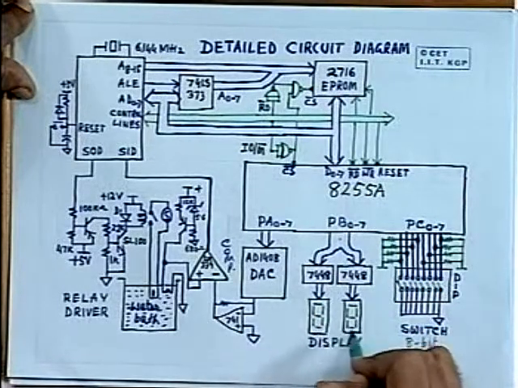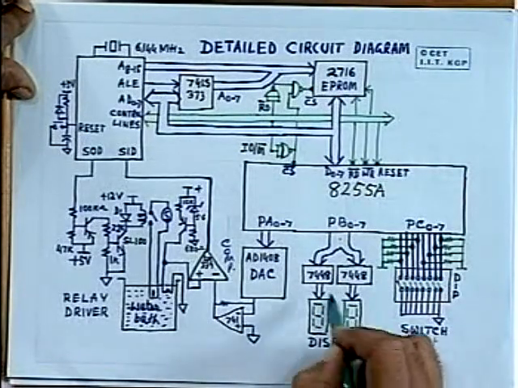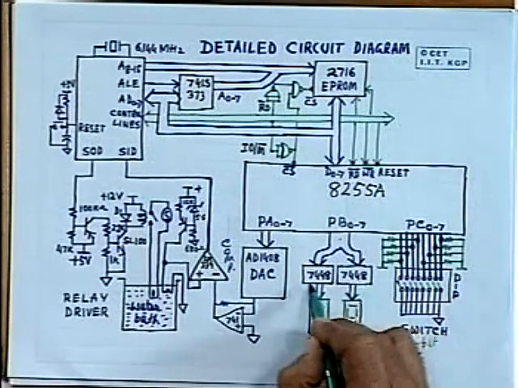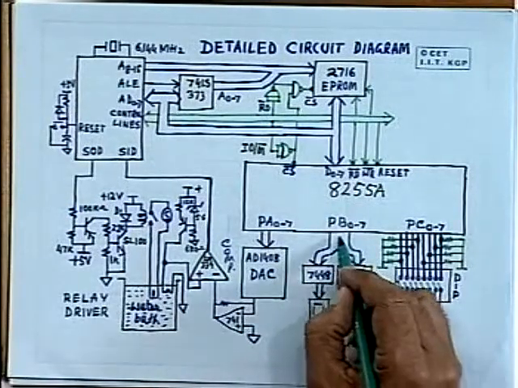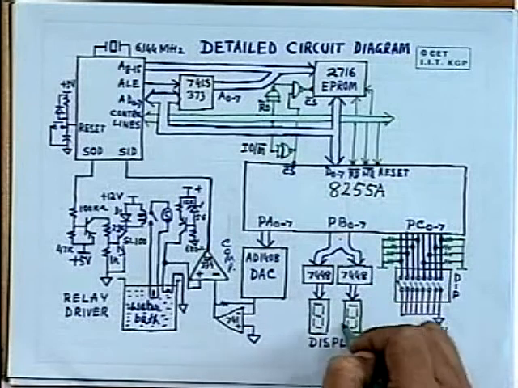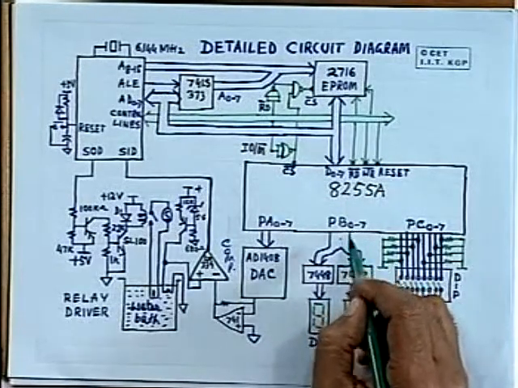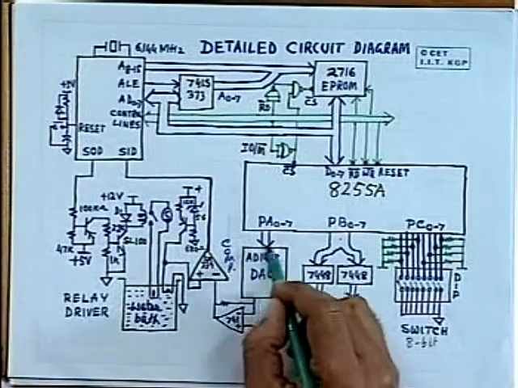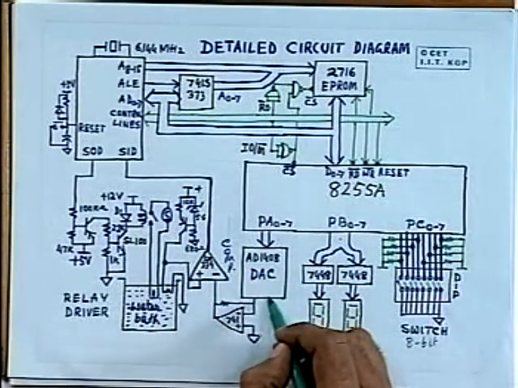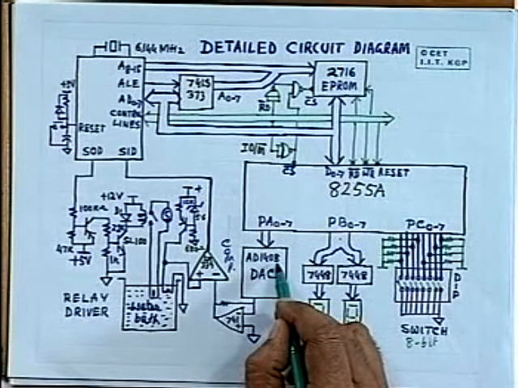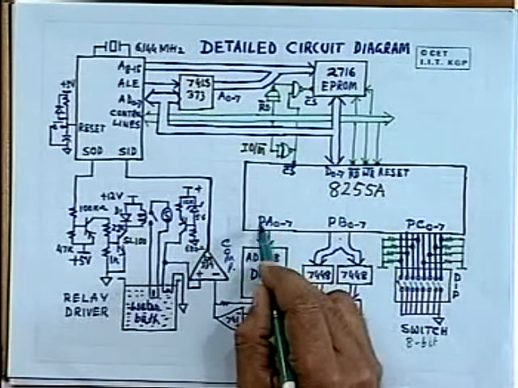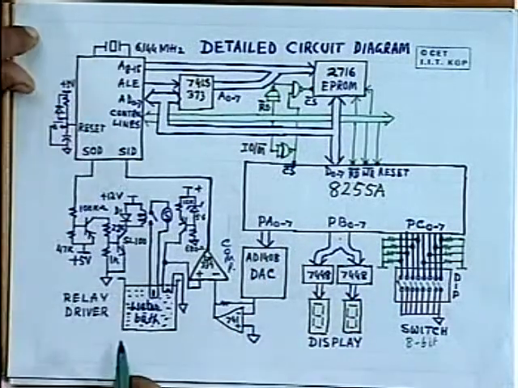The display devices are interfaced through two display drivers, as I told, so that these two digits can be driven by a single 8-bit port. And then here is the digital to analog converter 1408, that is also interfaced to one 8-bit port.